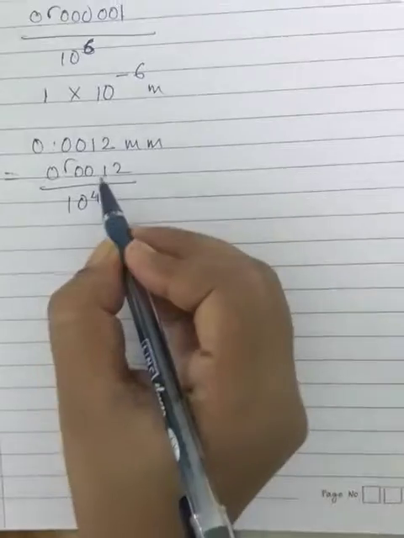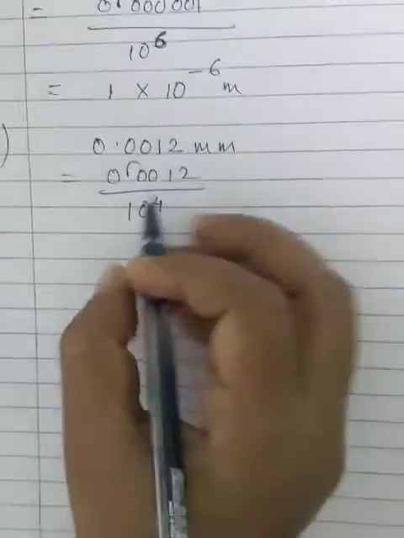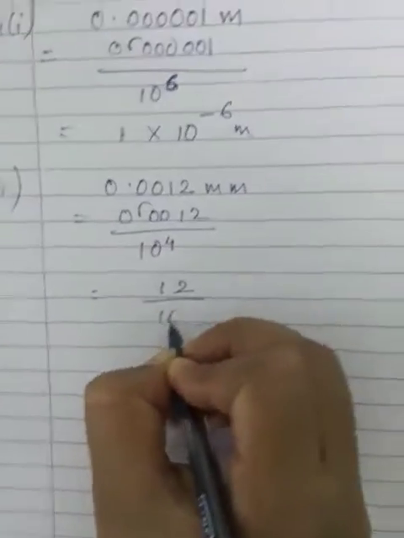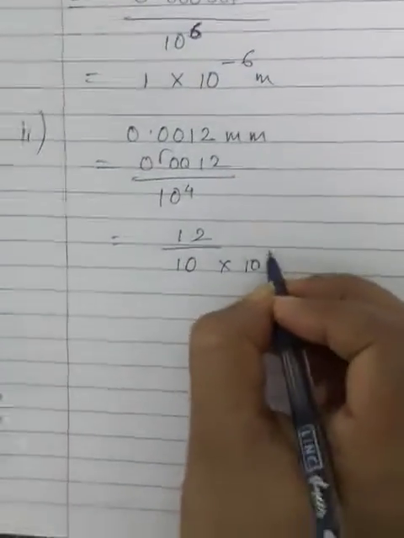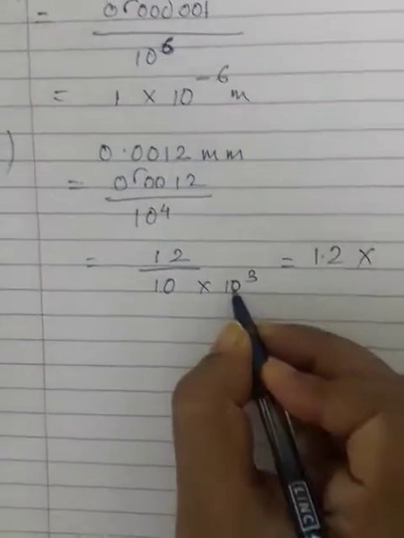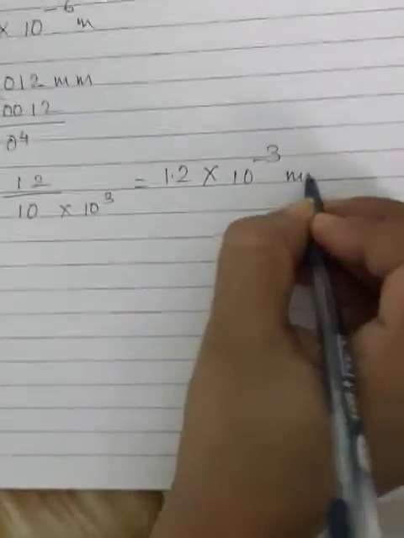In standard form, I have to bring the decimal here after 1. So these 3 zeros have no value. To bring the decimal here, I will use 1 zero from here. So it will become 12, 1 zero I am using, and the other 3 zeros I am separating. So for this 10 I put the decimal here, 1.2, and this 10 to the power 3 will go on top and become negative. So this is the answer in the standard form.